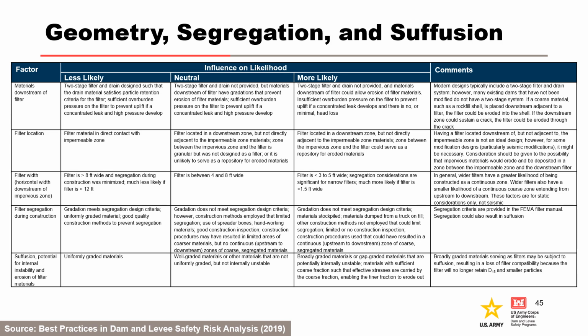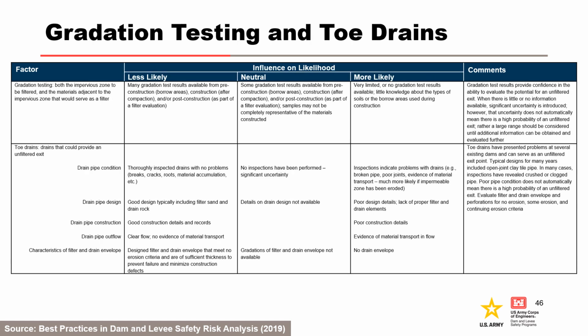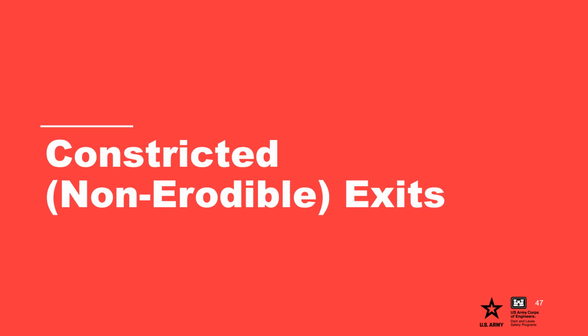This portion of the table addresses materials downstream of the filter location, the filter width, segregation during construction, and internal instability. The final portion of the table addresses gradation testing and toe drains.